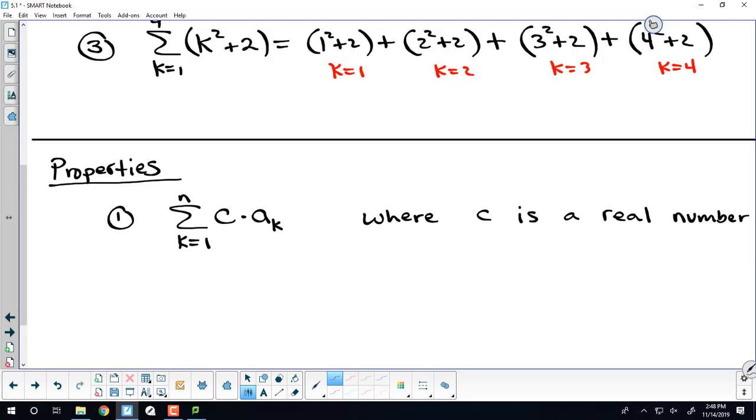So it's just a constant that's in every expression involving k. We could just pull that constant out of the summation and multiply it in afterwards.